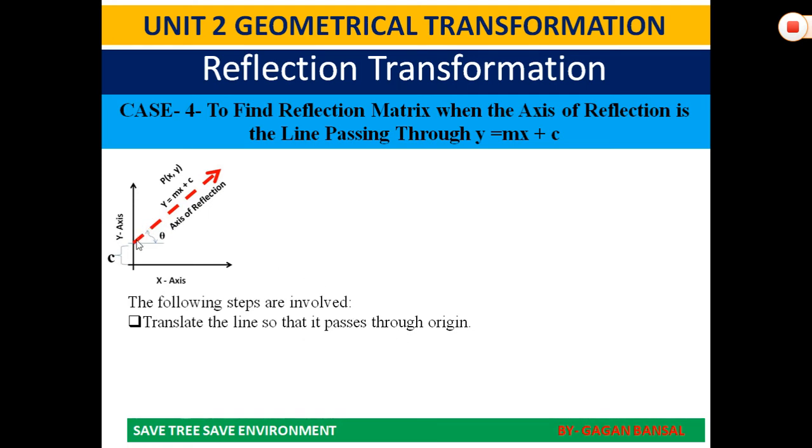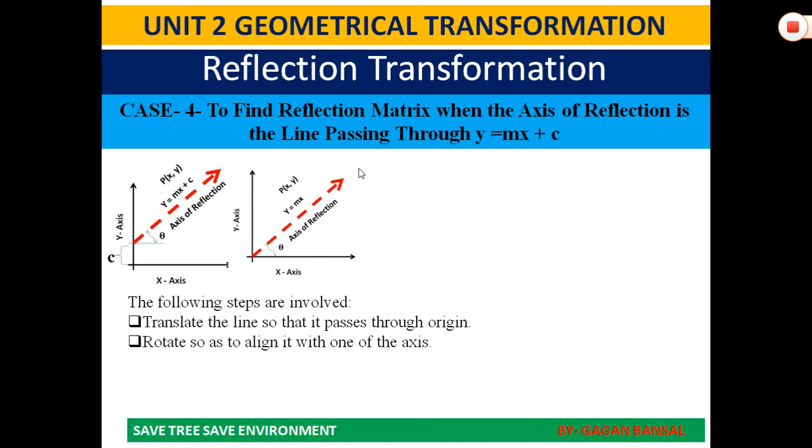We will translate this line to make it reach point C, that means we will translate it along the y-axis, with the translation parameter equal to C. So it will reach the origin.